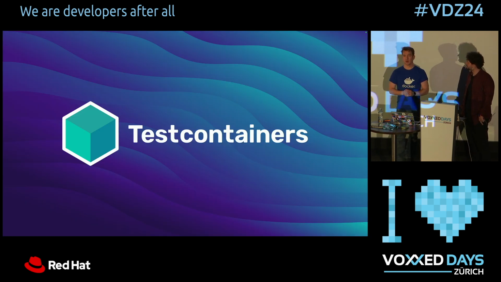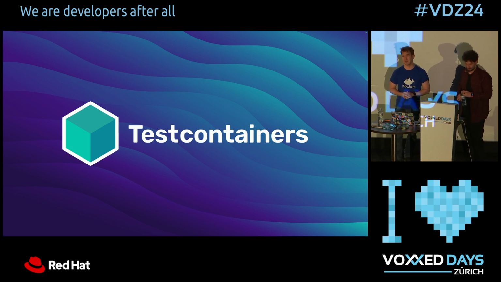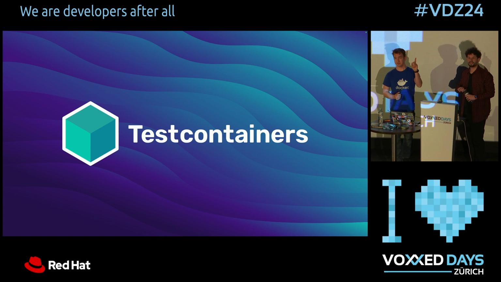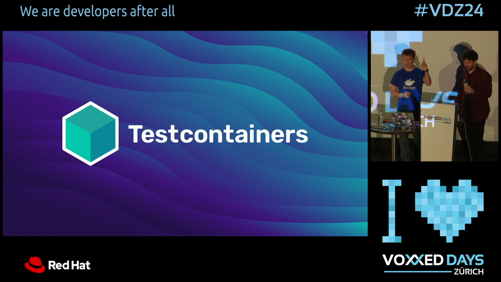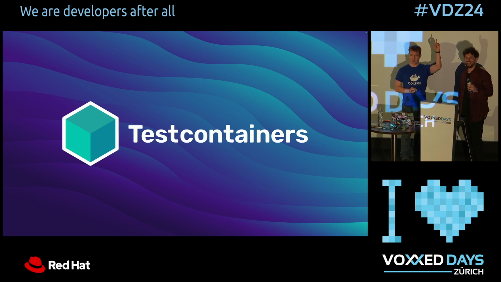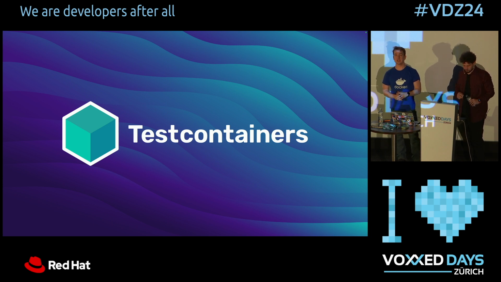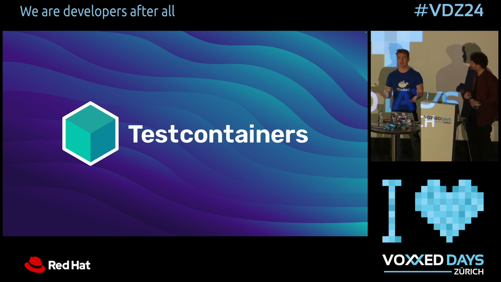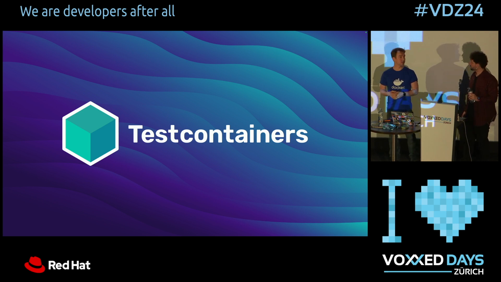Of course, we're going to use Testcontainers for this setup. How many of you know Testcontainers? Very good. Better than Kubernetes. How many of you like Testcontainers? Yes, thank you so much. For people who are not familiar, Testcontainers is a collection of open source libraries that give you an API to work with containers for pre-production use cases.